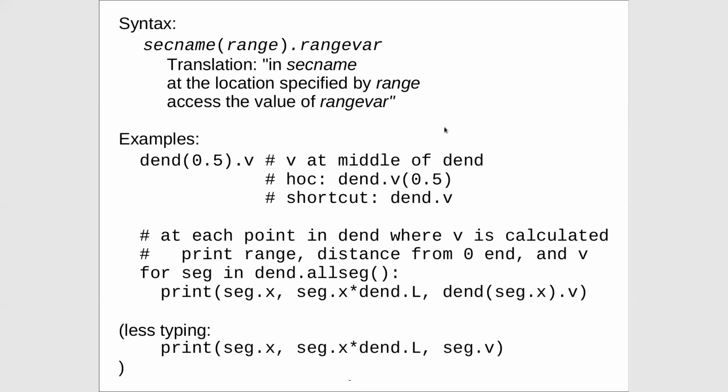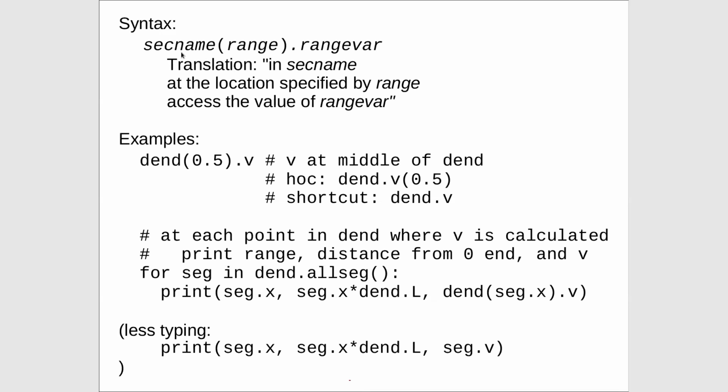All right. Now for any range variable that we're dealing with, the syntax for referencing the range variable is going to be the section name with an argument which is the numerical value of range. That is, where along the section are you interested in it? And then a period and then range var.